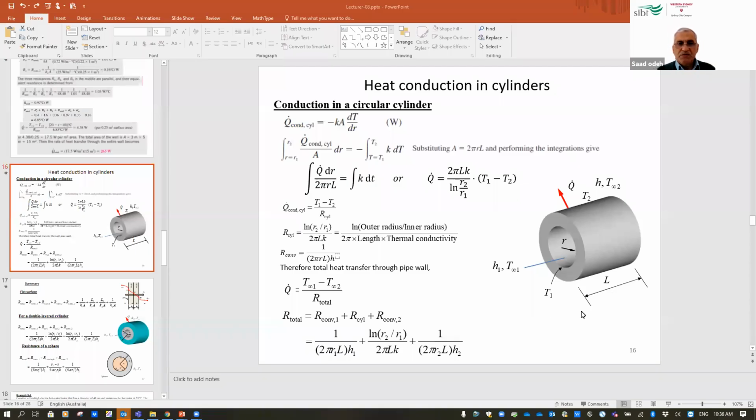All right, so as we mentioned before, in heat transfer by conduction, we talked last week about this type of heat transfer, and we explained comprehensively about different types of walls.